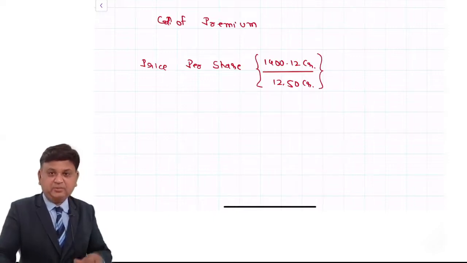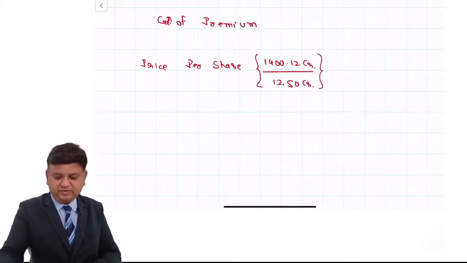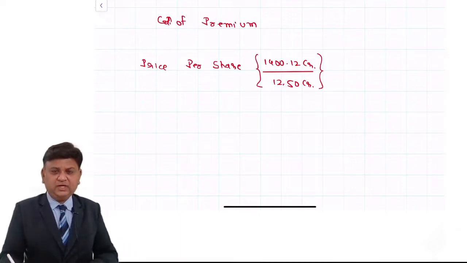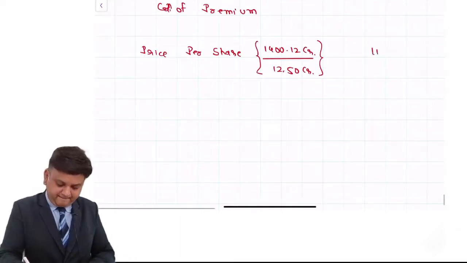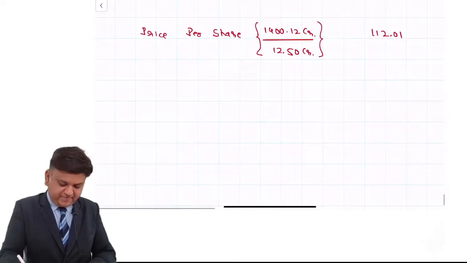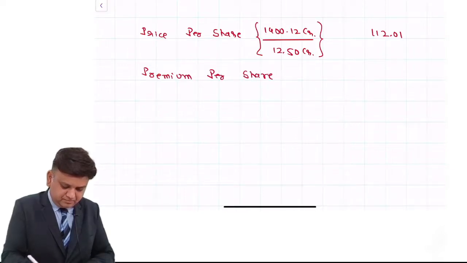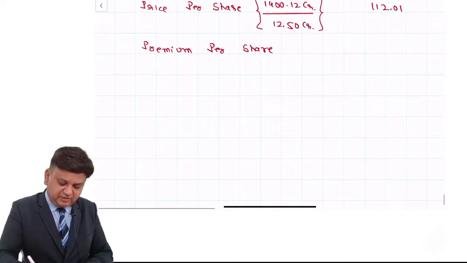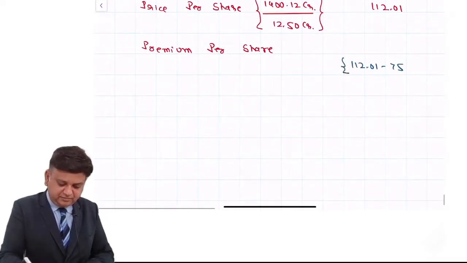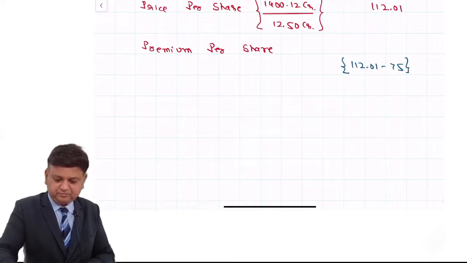So 1400.12 divided by 12.5 comes to 112.01. Next is the premium per share. 112.01 minus 75 is 37.01.